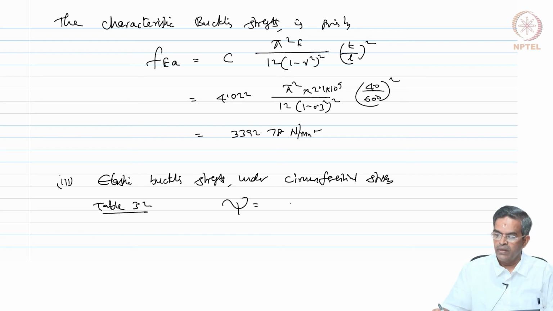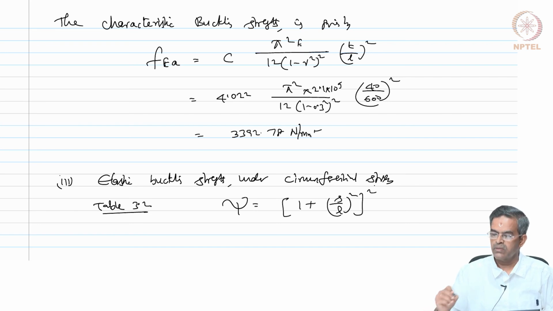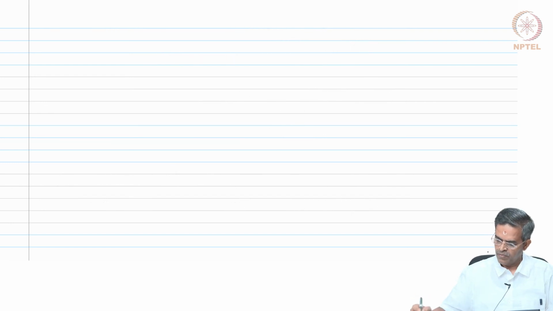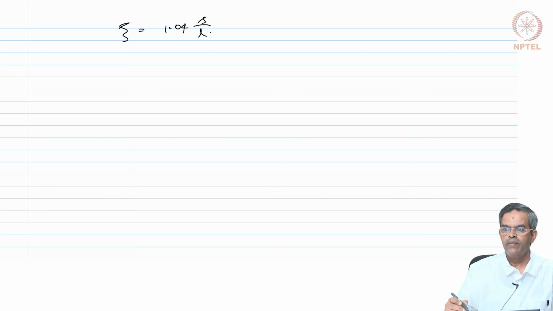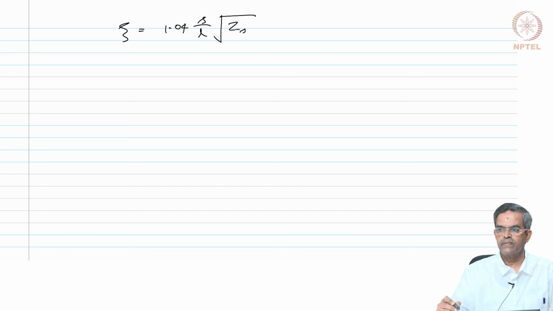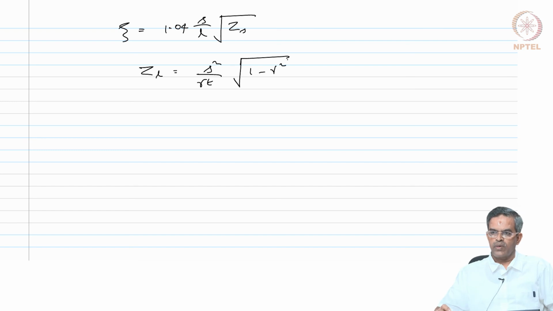So, we say psi is 1 plus S by L the whole square, and we call this equation number 16A. Zeta is 1.04 S by L root ZS, and ZL is S square by RT root of 1 minus nu square.